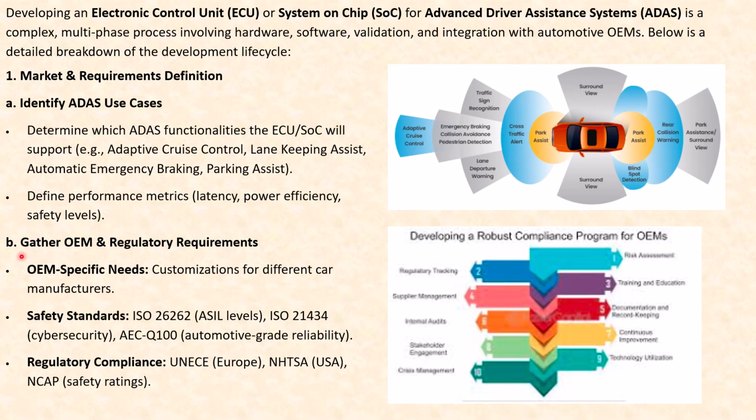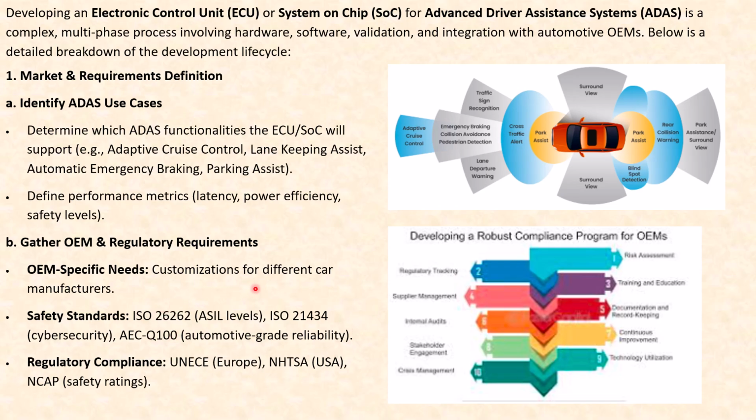Next comes gathering OEM and regulatory requirements. OEM specific needs: based on the OEM specific needs, you need to customize for different car manufacturers. Safety standards: ISO 26262, ISO 21434 and AEC-Q100. These are the various safety standards that need to be adhered to.